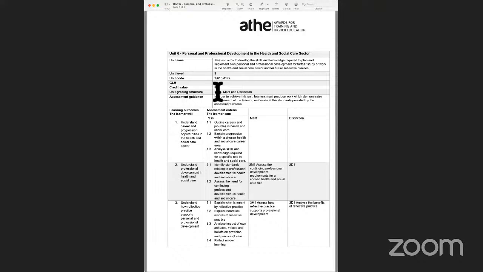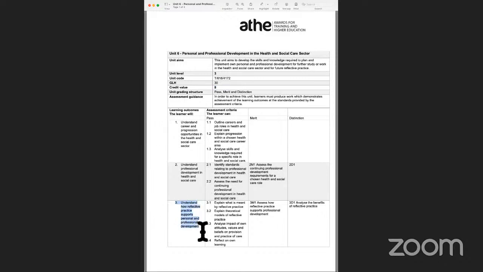Although the credit value on this unit is 8, reduced from 15, the unit has been split into 2: research skills in healthcare, and personal and professional development, which looks at PPD, your CPD, and why training and development is important within this sector.